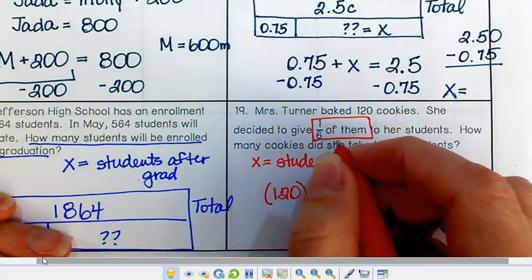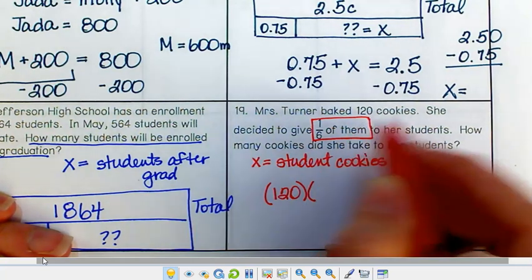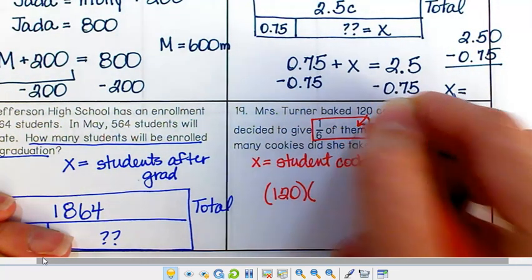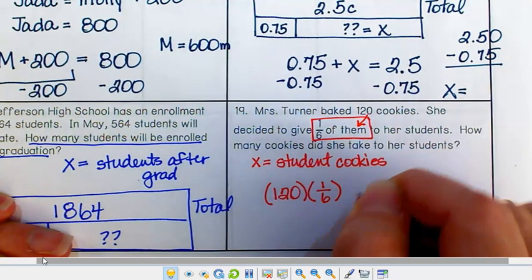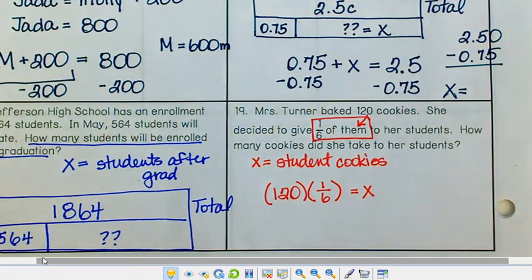Usually in word problems, when you're trying to build an equation, of means multiply. She decided to give 1/6 of the 120. 1/6 of 120 is the number of cookies.